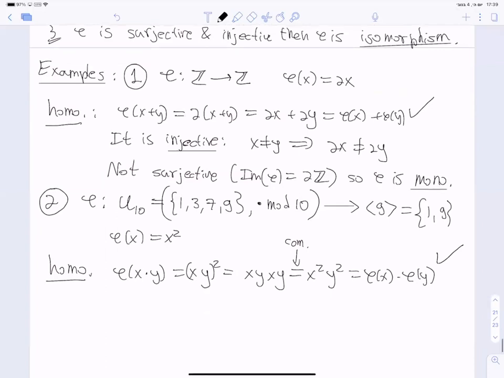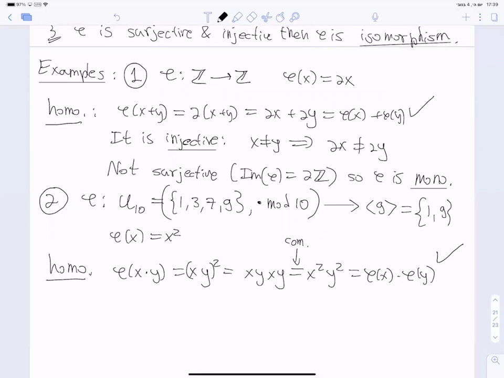Of course, it's surjective. Why surjective? You only have to find an origin that covers each element: 1 goes to 1. And how do I cover 9? By 3.